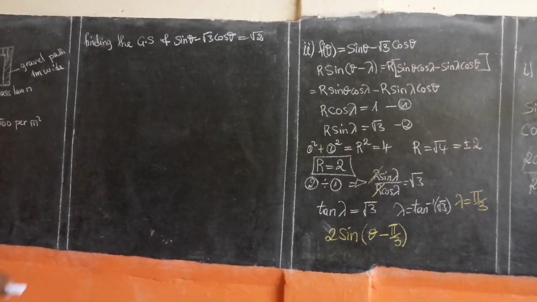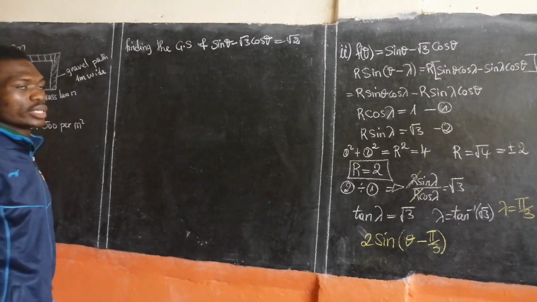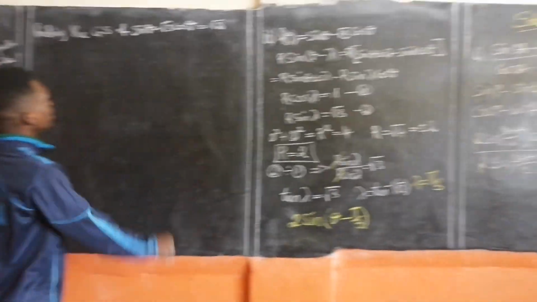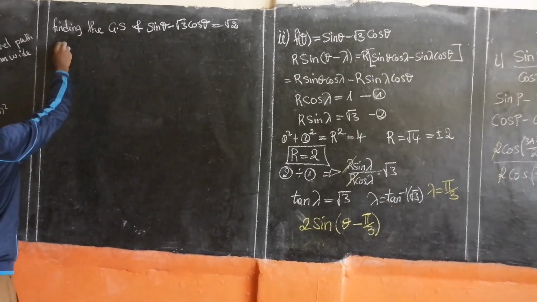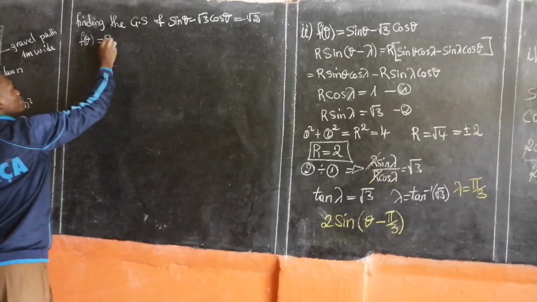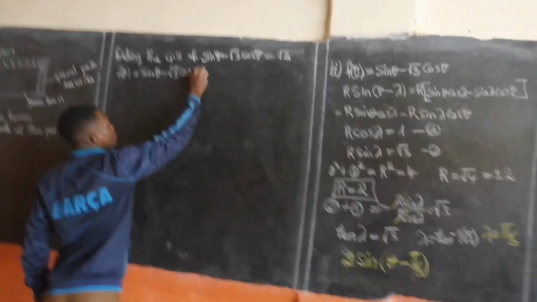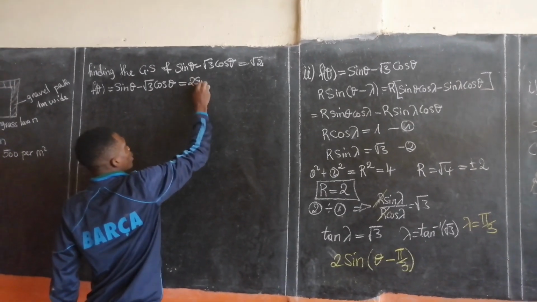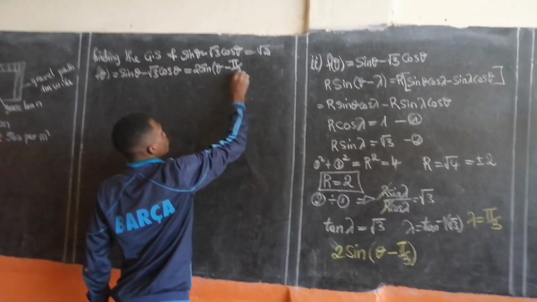Okay, now let us find the general solution of sin theta minus root 3 cos theta equal to root 2. This sin theta minus root 3 cos theta, we have as f of theta. But this same f of theta has been expressed as 2 sine of theta minus pi on 3.